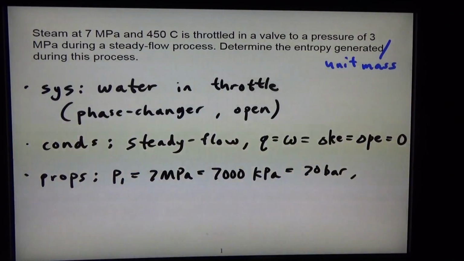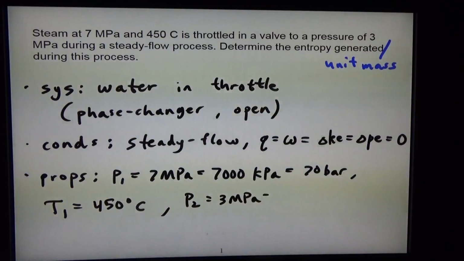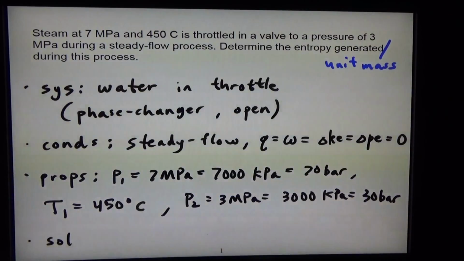The inlet temperature is 450 degrees Celsius, and the exit pressure is 3 megapascal, or 3,000 kilopascal, or 30 bar. And then we are ready to start solving the problem.